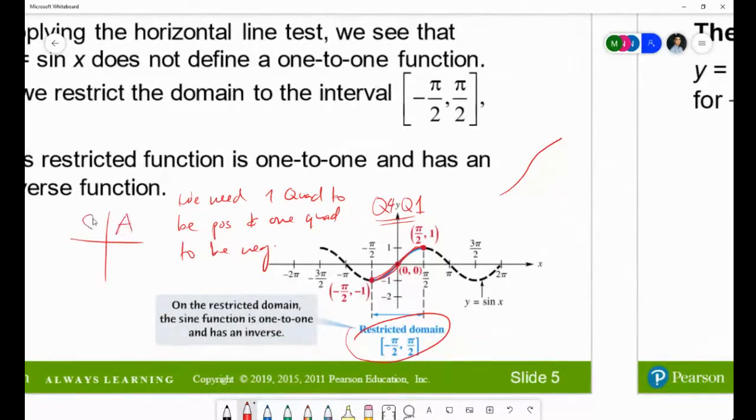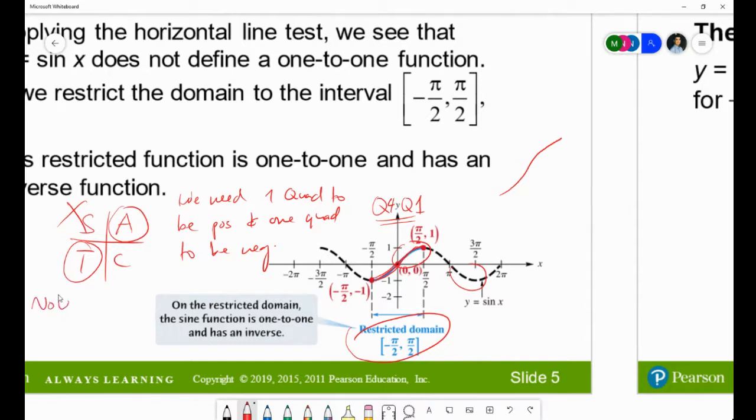Remember our ASTC? The reason why we didn't get the second one is because it is not negative, right? We need one positive, one negative, and the first quadrant is always positive. Now we don't use the third one because it will not be continuous from 1 to 3. So we just can't pick this region and this region because it is not one continuous graph.